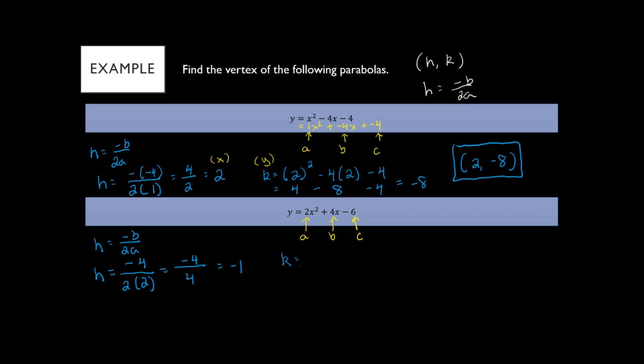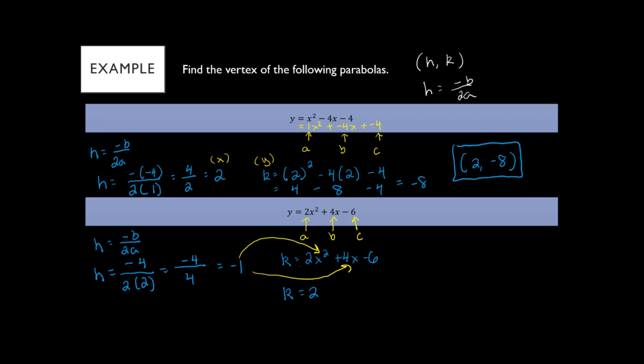And we plug it into our equation for y. So I could write out the full equation that we're using here. 2x squared plus 4x minus 6. And then we're replacing x with the value we just found for h. So everywhere we see x, we're going to replace it with negative 1.